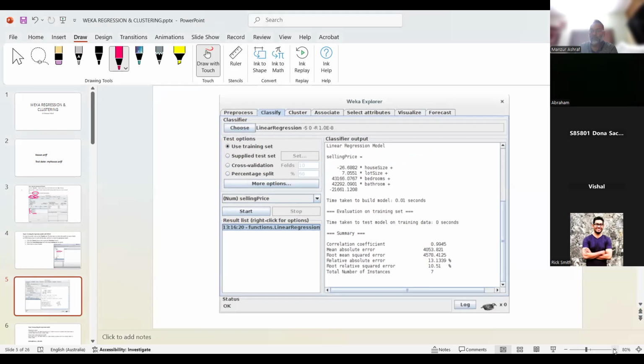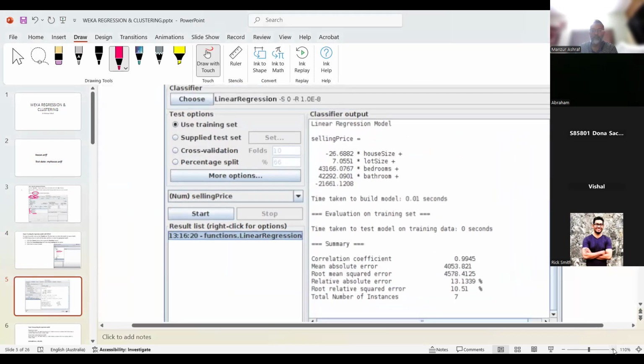We can see here that the selling price is an equation. The equation consists of house size, lot size, bedrooms, bathrooms, and so on. It can be different as well; it can be all the parameters or selected parameters.